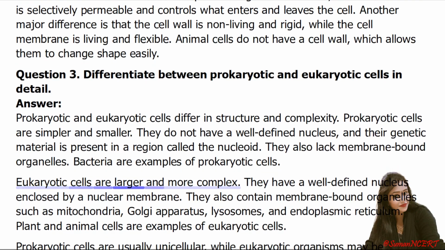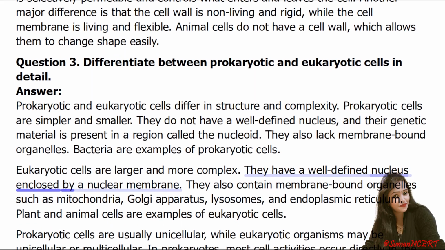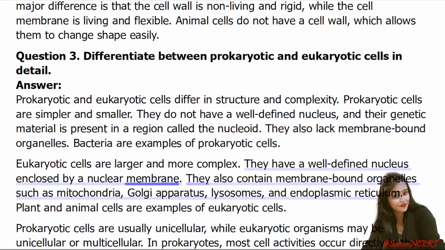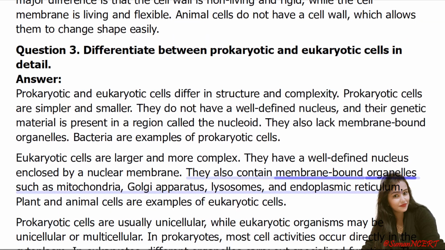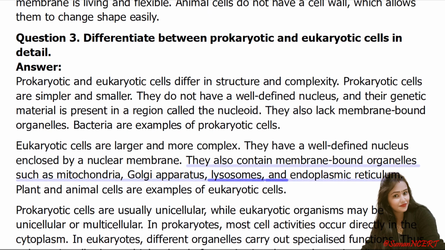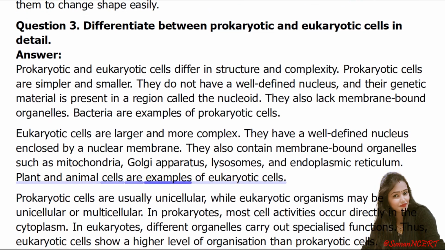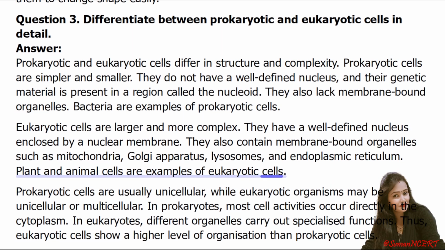Eukaryotic cells are larger and more complex. They have a well-defined nucleus enclosed by a nuclear membrane. They also contain membrane-bound organelles such as mitochondria, Golgi apparatus, lysosomes, and endoplasmic reticulum. Plant and animal cells are examples of eukaryotic cells.